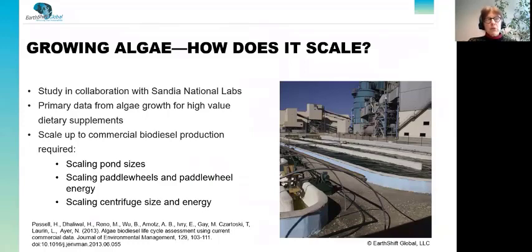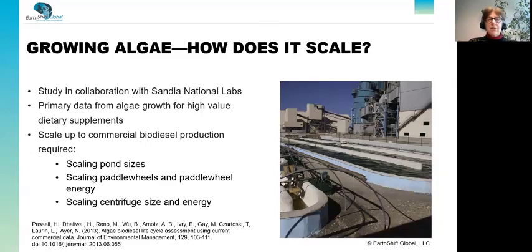We had real data from ponds that were growing algae for dietary supplements. Now, those ponds were producing in volume for dietary supplements, not very big. And so the results were really far off from the results that some of the other LCAs were showing.